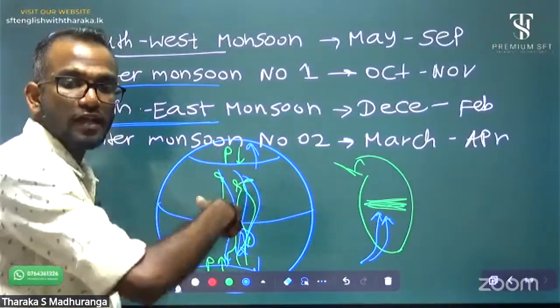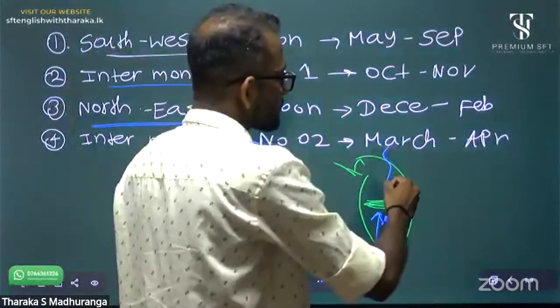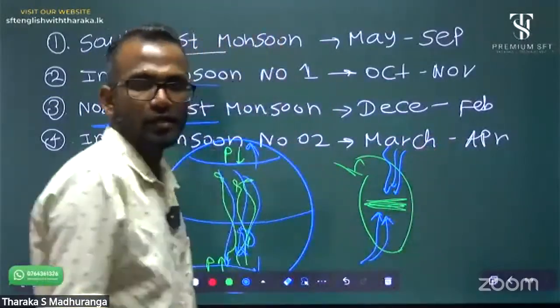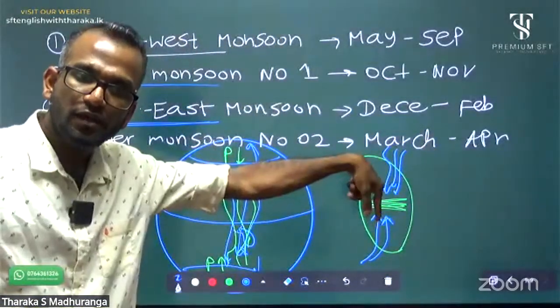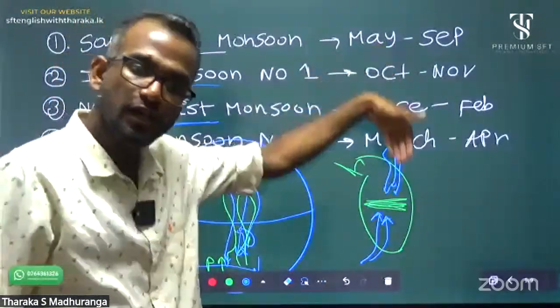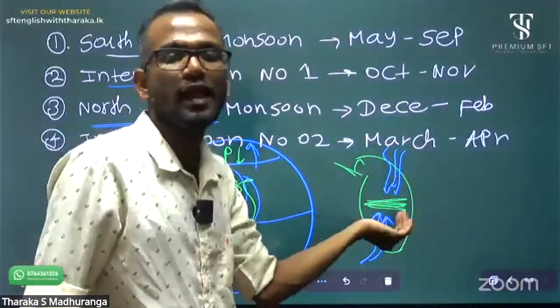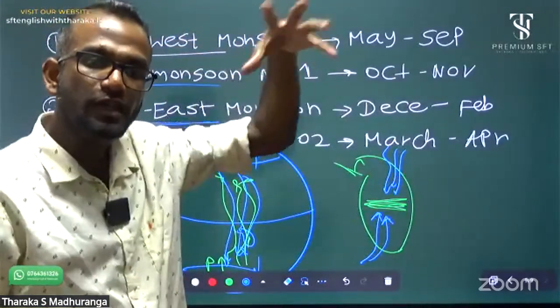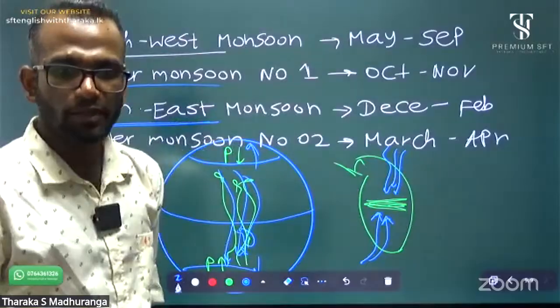Then where does it enter Sri Lanka? From the northeast direction. Same thing: it hits the middle mountains, the water vapor goes up, forms clouds and precipitates rain.